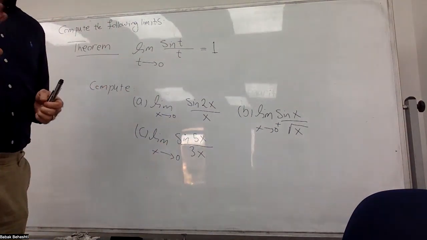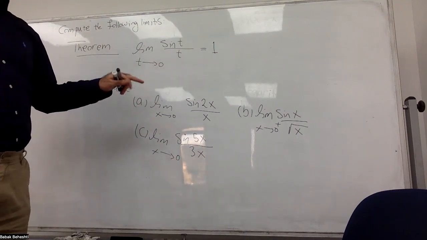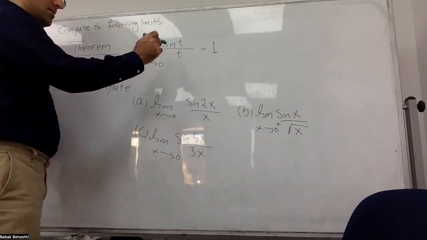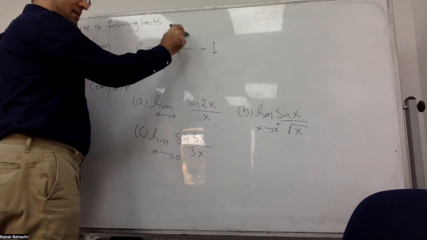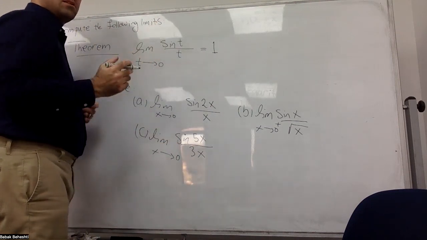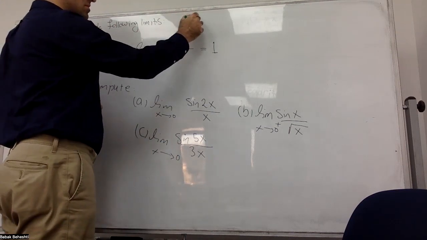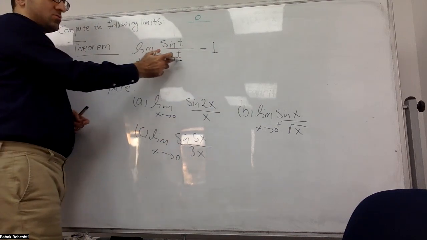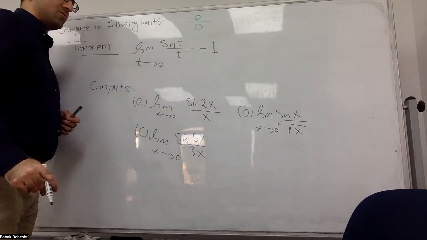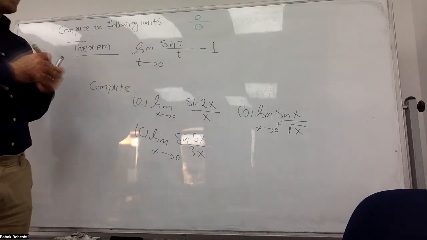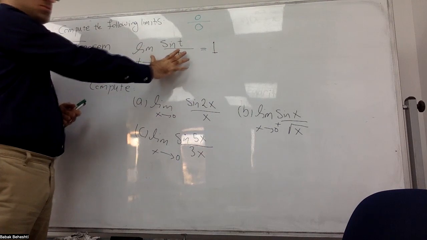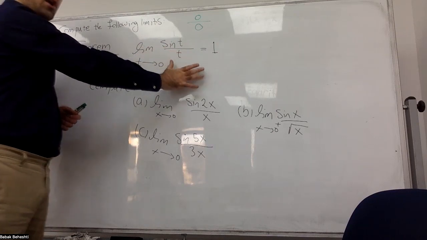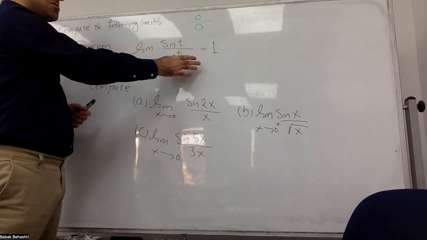I want you to pause for a second and look. Most importantly, this one is an indeterminate form. It's 0 over 0, because sine of 0 is 0, and t when it goes to 0 is 0. But we accept this as a fact. We can prove it, maybe later I will prove why this limit is 1.